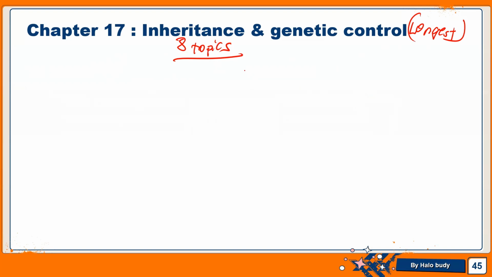And each topic you have to learn many things. If you see chapters 14, 15, 16, there are only a few topics, only 3 until 4, the most I think 5. But in this chapter you have to learn 8 topics. Very long.